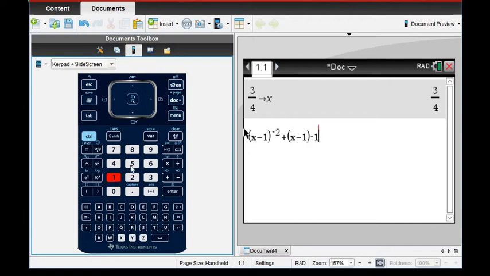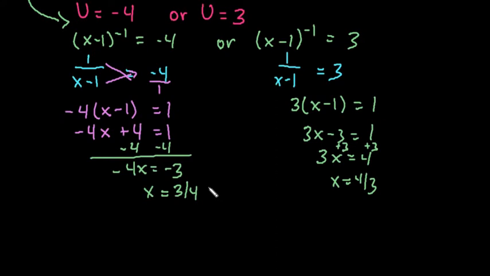To the negative 1 power, minus 12, and we want to see if this equals 0. If I hit enter, it does give me 0. So we see that the first answer does work. This is a verified solution.